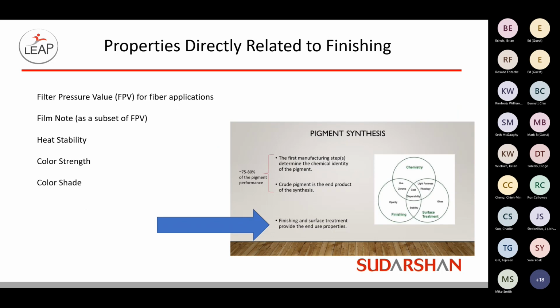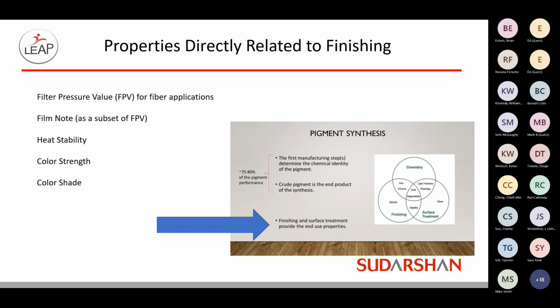Moving over to the finishing side, there also are a number of individual properties as well as some of the main properties that we talked about that were solely chemistry related. But now we can go a little bit further and look at the different finishing techniques and how they impact the final applications. So, filter pressure for fiber applications, which we've seen a few times already for the chemistry part.